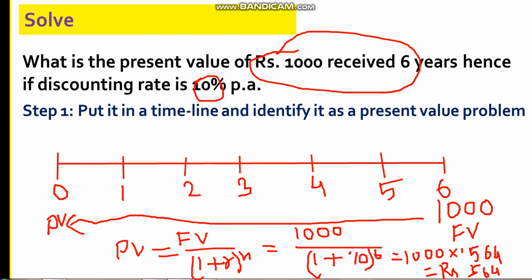Okay, so this is how we simply calculate the worth of a future value. Here the future value, in this case, is this 1000 rupees, and we calculate the worth of that future value at present.